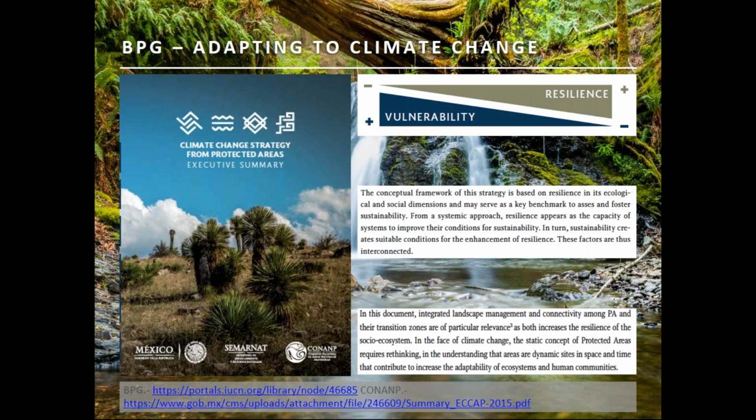Happily enough, resilience was incorporated into the legislation of Mexico by law. So it was a very interesting example of how to include resilience, how to see the role of protected areas as a natural solution to climate change, and put it in very simple terms for managers.